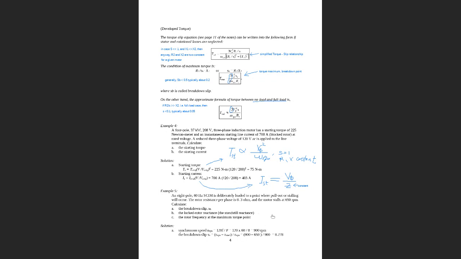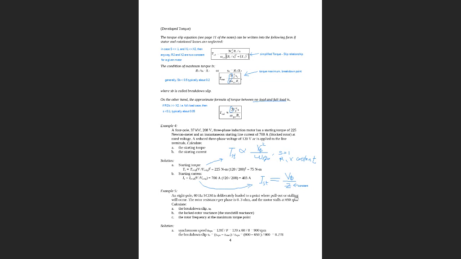Now, example 5. It says that an 8-pole 60 Hz squirrel cage induction motor is deliberately loaded to a point where pull-out or stalling will occur.